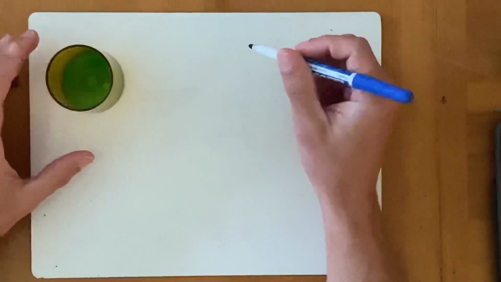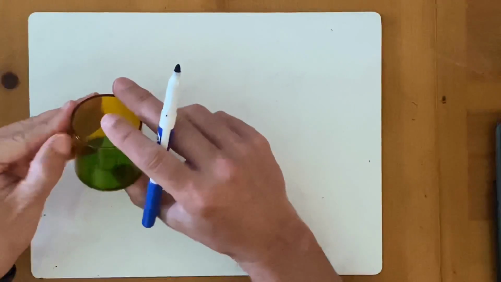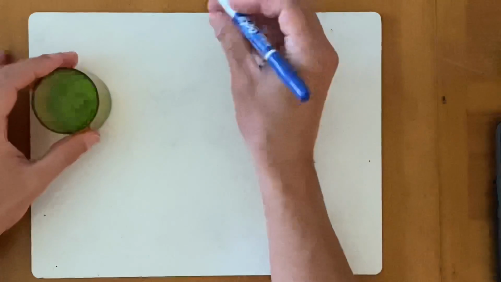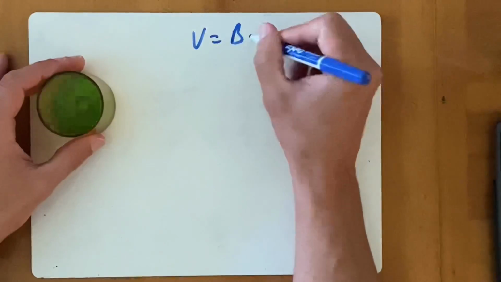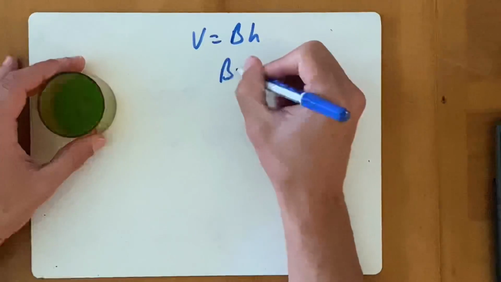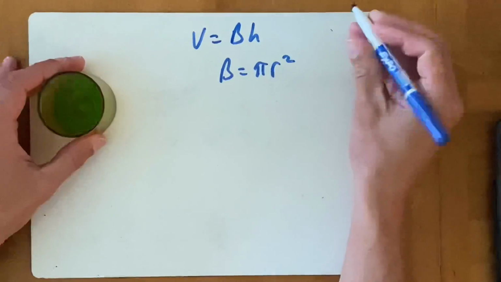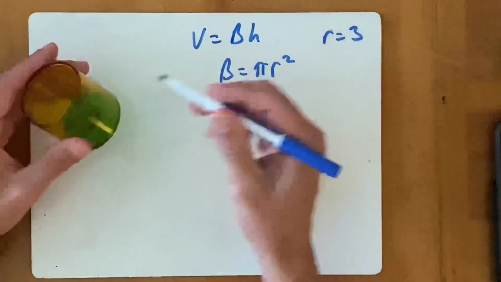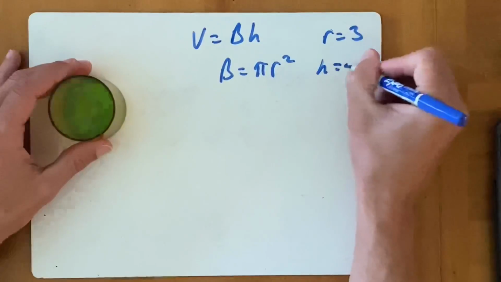Number 4, we got another cylinder here. This one is a regular cylinder, and it gives us everything that we need, so it's pretty straightforward. Remember, volume is area of the base times the height. Area of the base is pi r squared. They give us the radius, which is equal to 3, and the height of the cylinder is equal to 5.